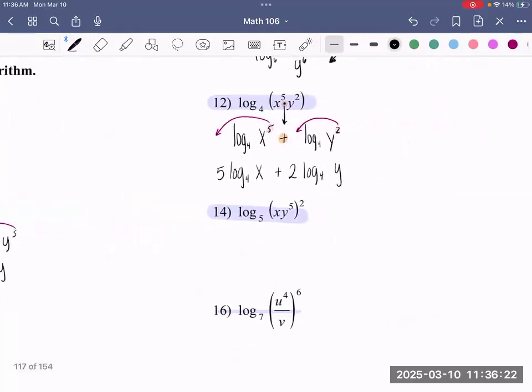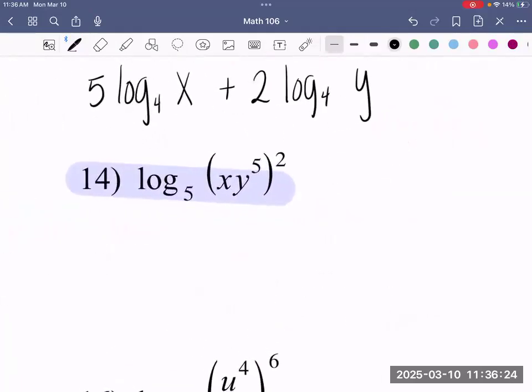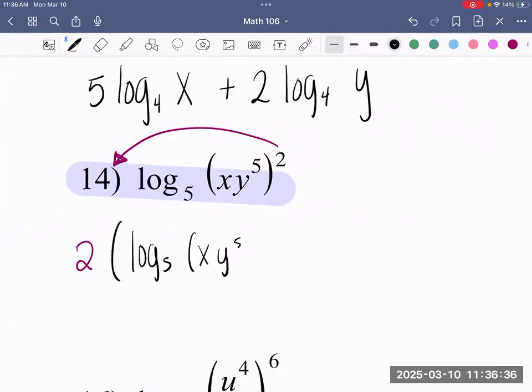One more. Now you'll notice that we have this squared. So the very first thing that we need to do is bring that squared out in front. We're going to use a parentheses here. And now you have that multiplication, which then turns into addition.